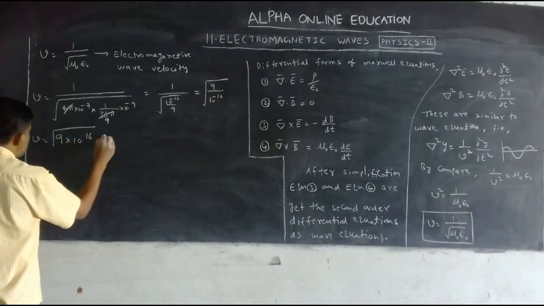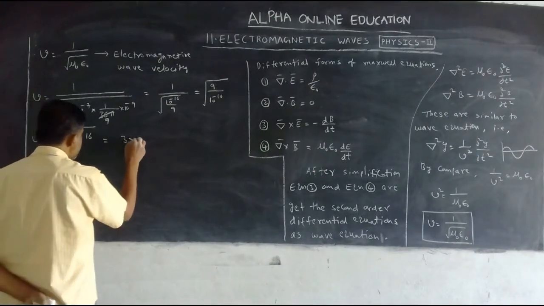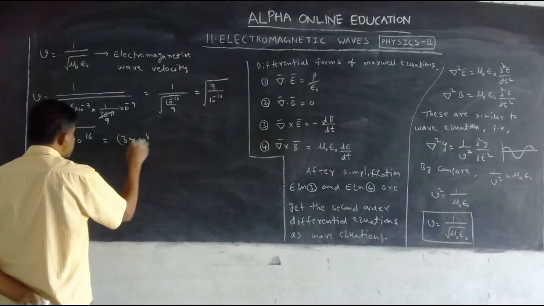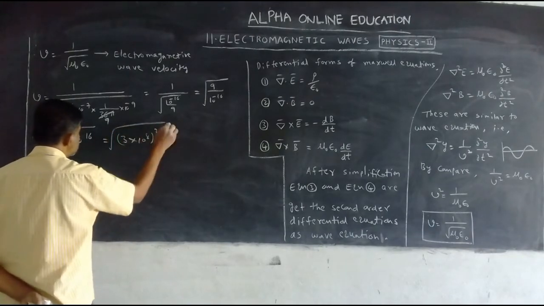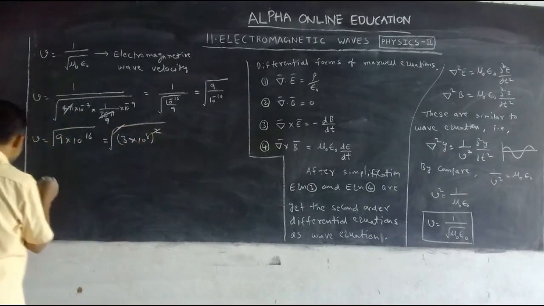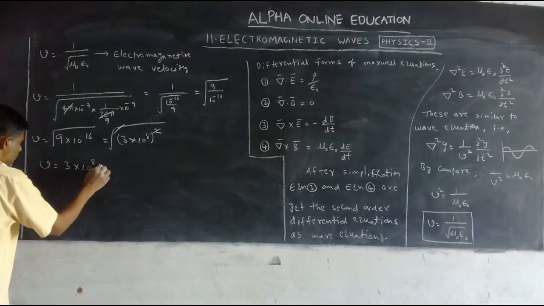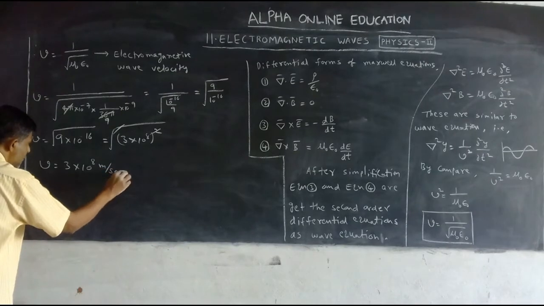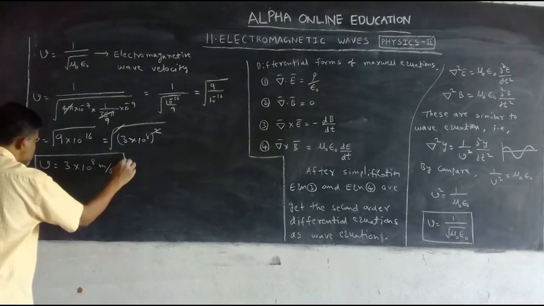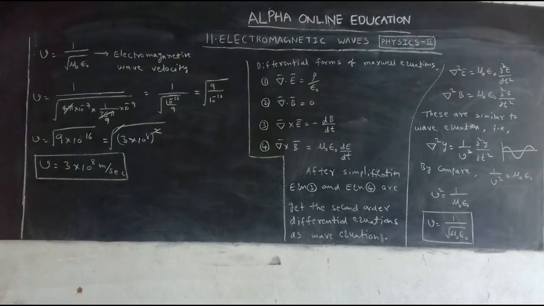Now we can write this as 3 into 10 to the power 8, the whole square root. Both cancel. So V is equal to 3 into 10 to the power of 8 meters per second. From this, Maxwell concluded the electromagnetic wave velocity is equal to the velocity of light.